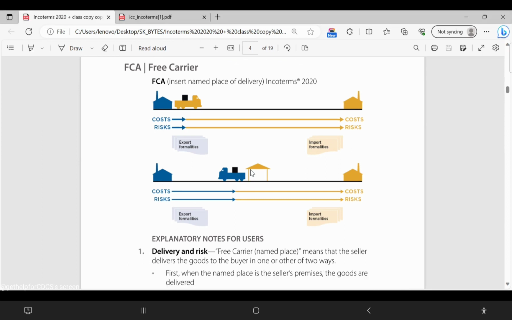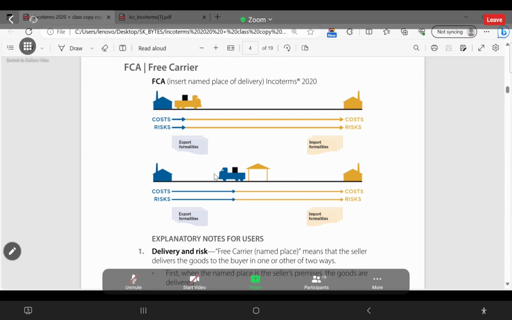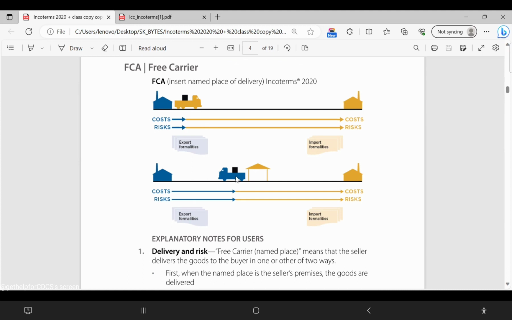In transit, if something happens, whose responsibility is it? Seller's only, because delivery did not happen. For delivery to happen in the first scenario, they have to load. In the second scenario, they have to make it available at the second place. Also, one thing we have to note: the seller need not arrange for unloading.